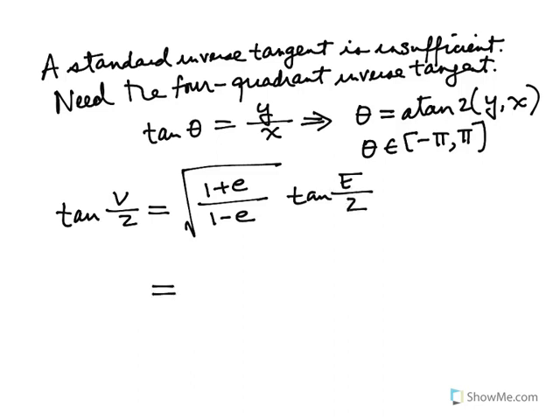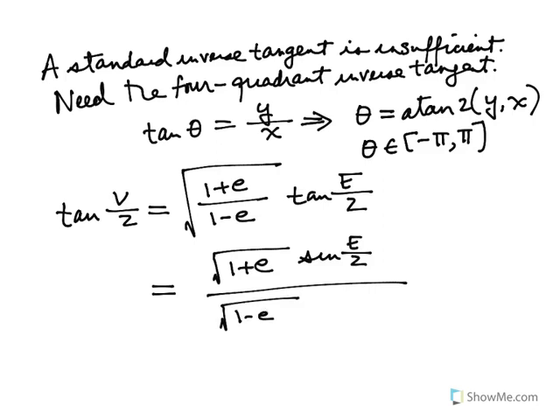So the way we can do that is we can actually write, because remember I have a y and an x, a numerator and a denominator, so I can write the numerator part as the square root of 1 plus e times the sine of E over 2, and the denominator part is the square root of 1 minus e times the cosine of E over 2.